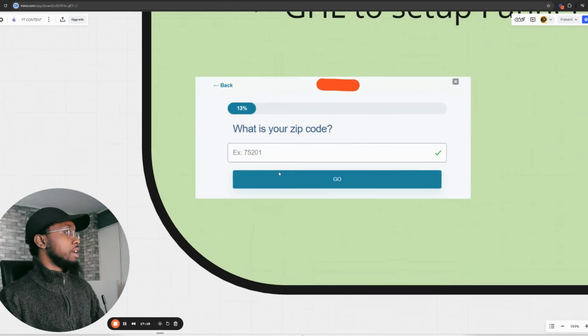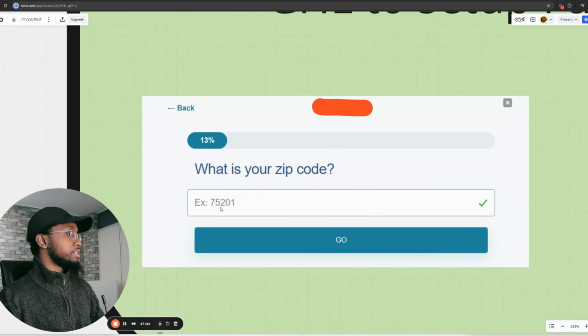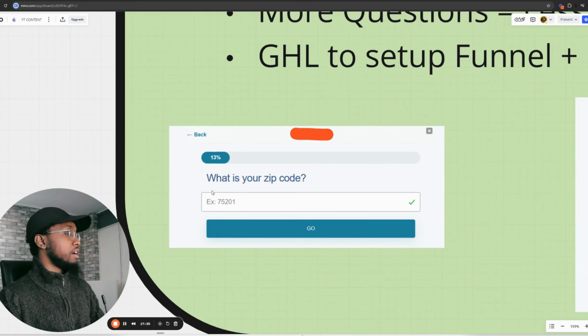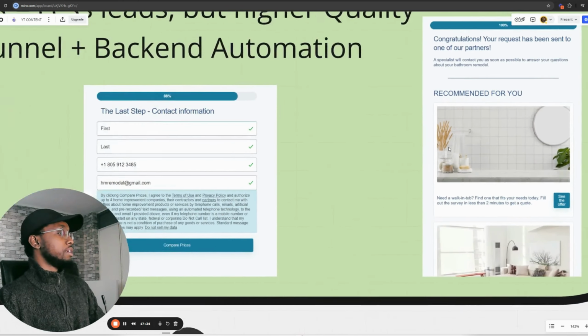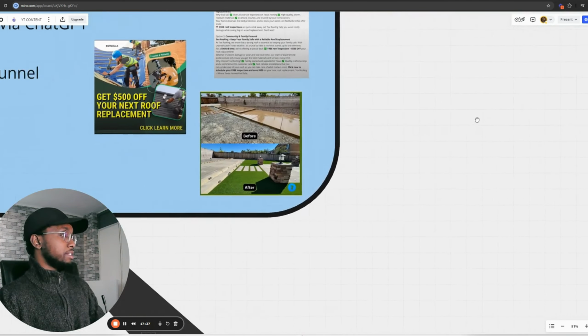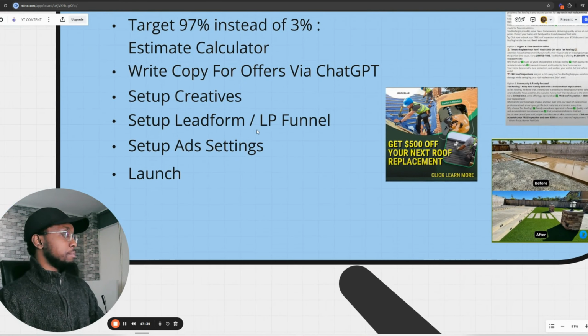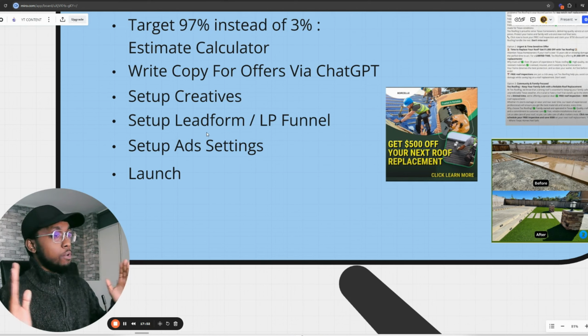An example of what it might look like is that after they press learn more after seeing your ad, they are redirected to a landing page. And for example, here you can ask qualifying questions on your landing page, as you can see here, right? So that's what a landing page is, and that's what a landing page funnel is. I recommend first having a landing page funnel, and then after that you can do a lead form, and you can do those two combined.